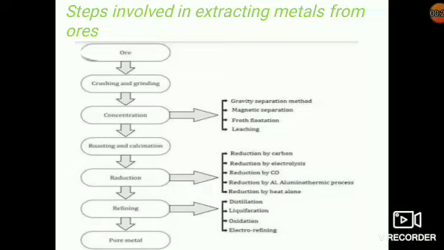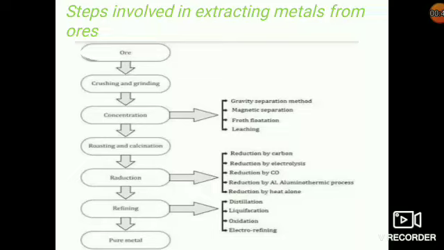So once we get the ore from the earth's crust, we have to crush and grind it to remove the gangue. Then we follow the concentration of the ore, where different steps are involved that we have already seen: gravity separation method, magnetic separation method, flotation and leaching method. Next step is roasting and calcination.